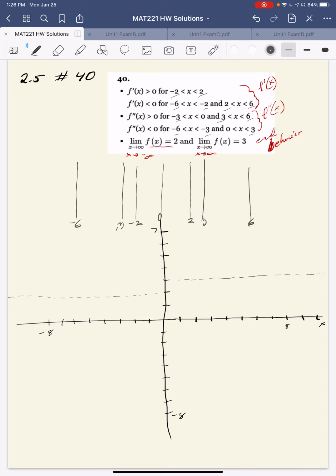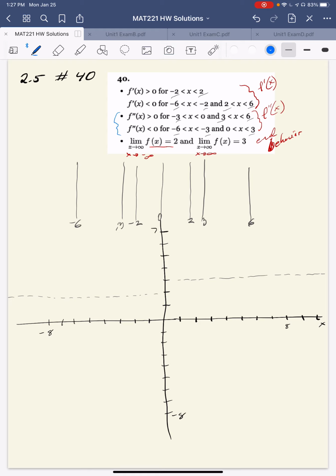All right, so the next thing I like to do is look at the second derivative, believe it or not, because like in the last problem, I know that the second derivative tells me something about the shape of my function. Is my function concave up in that interval, or is my function concave down in that interval?